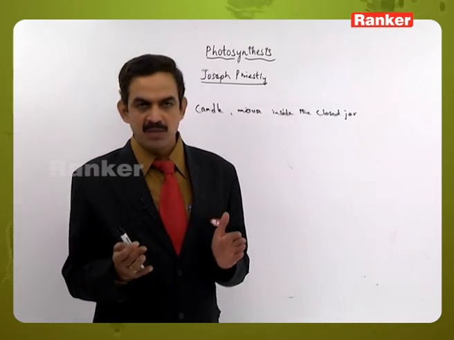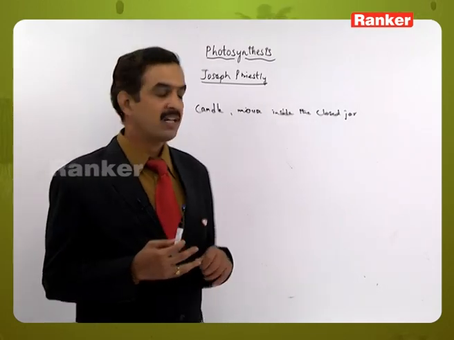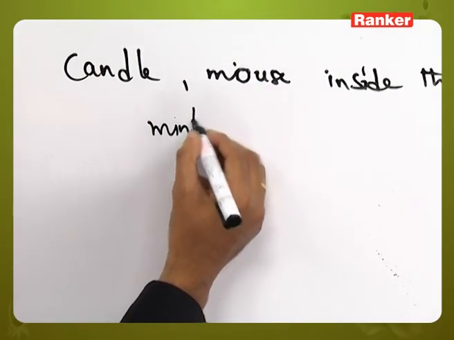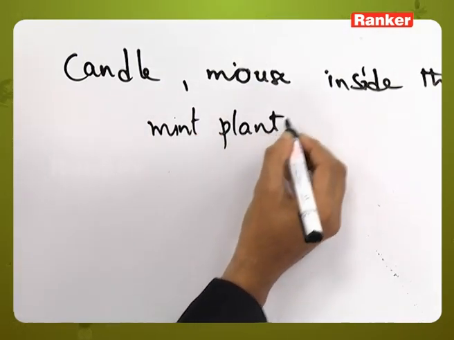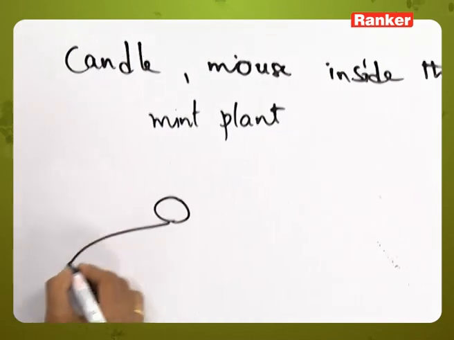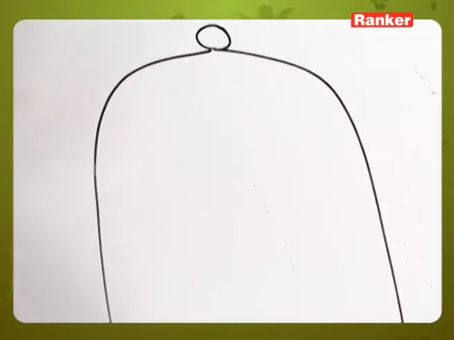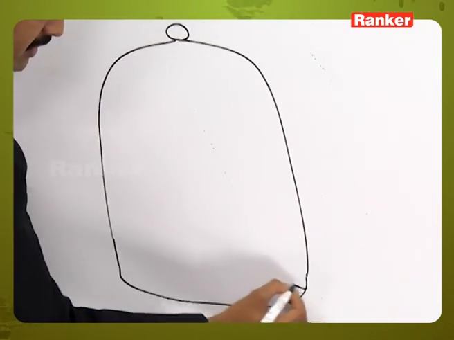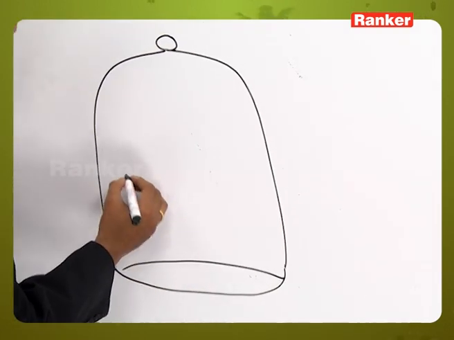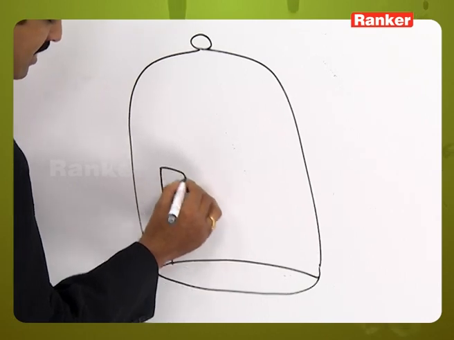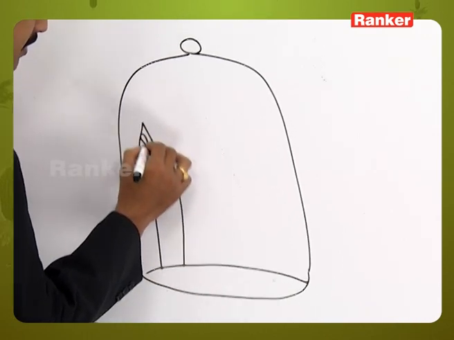The same experiment was conducted using a mint plant also. So inside the jar, he kept a mint plant along with the mouse and the candle. So this is a mint plant.